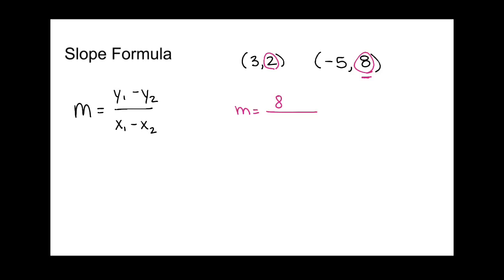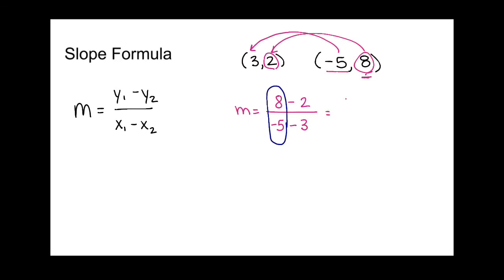So if I start with the 8 first, then I will, according to my formula, subtract the other y value, which is 2. And then I have to go with the number that goes with 8 in its ordered pair. That has to be the first number. So -5 minus the other x value, which is 3.